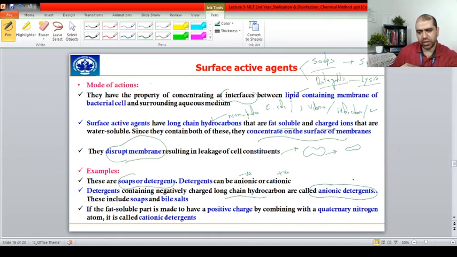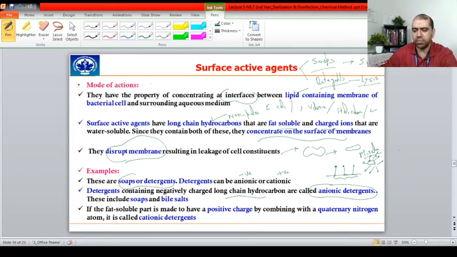So if you have a stain on your cloth and you use detergent, it acts like a nail and removes the stain from your clothes, because this stain is fat soluble and hydrophobic in nature. These detergents cover it like this and remove the stain out of your clothes. This structure is called a micelle, M-I-C-E-L-L-E.